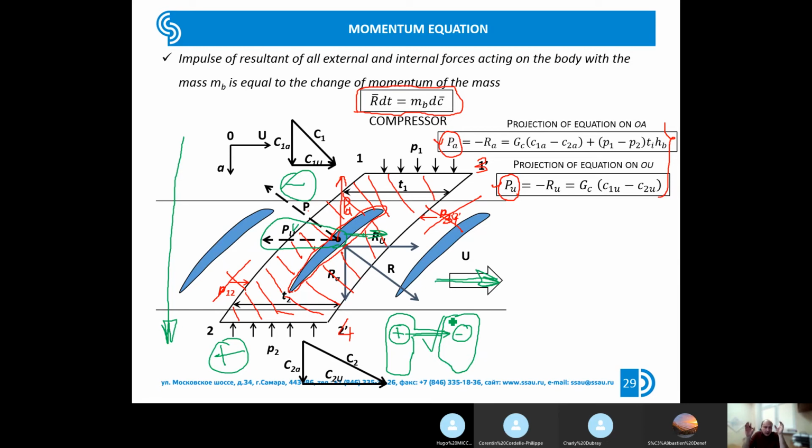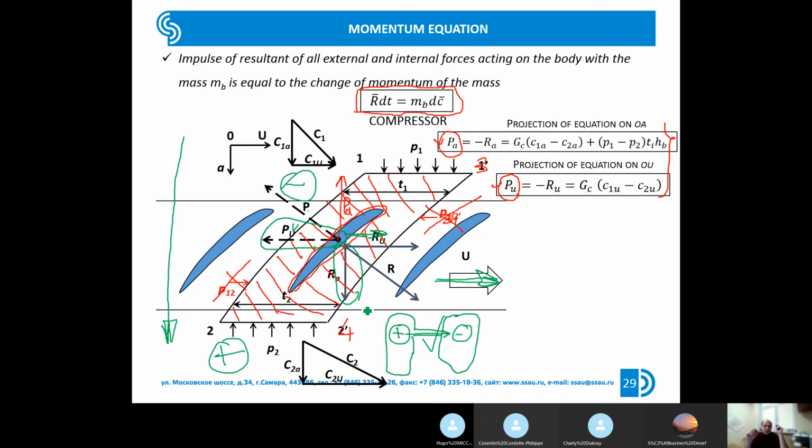If something is moving, it means some force is acting on this flow. That's why we need to find the force which is moving the flow, and we can find it. This force RA acts from the blades on the flow, and its direction is the same as the direction of the main flow.